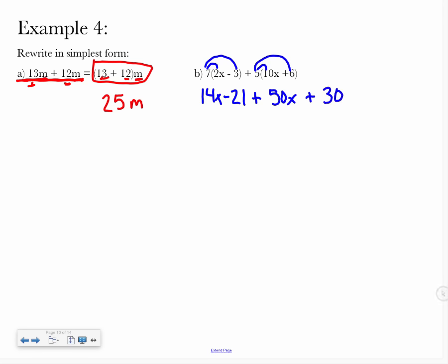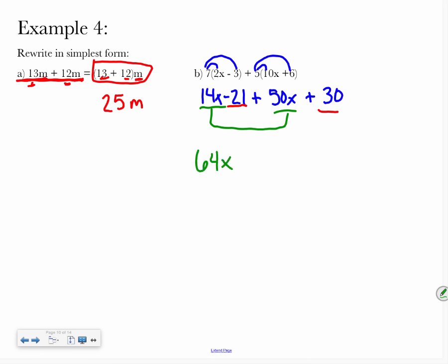Now, if I go through, I see I have a number with an x here, a number with an x here, then I have a number and a number. Okay, so let's see if we can combine these. We have 14x plus 50x if I'm combining our green. So that's 64x.